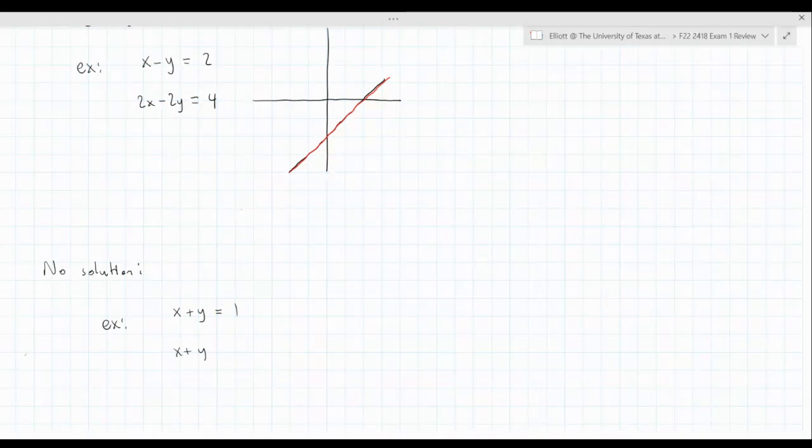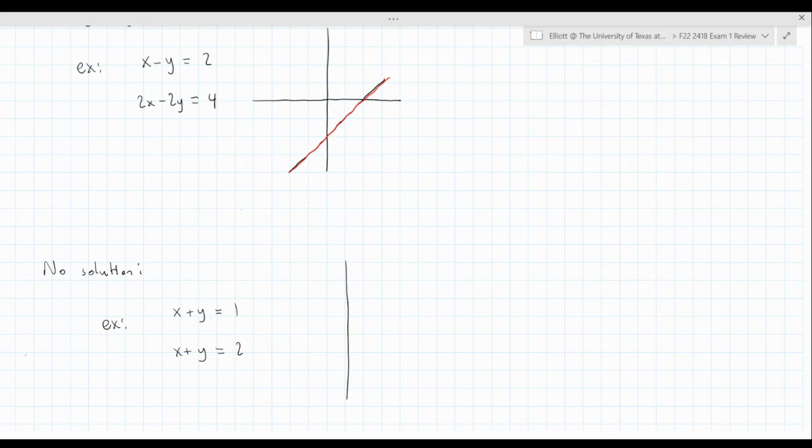And then, for instance, x plus y equals 2. So in this case, it is not possible to find an x and a y that satisfies both the first equation and the second equation, because it's not possible for 1 to be equal to 2.